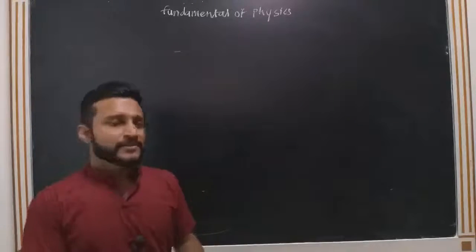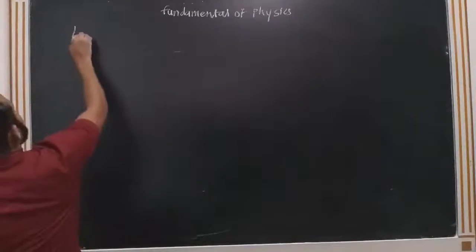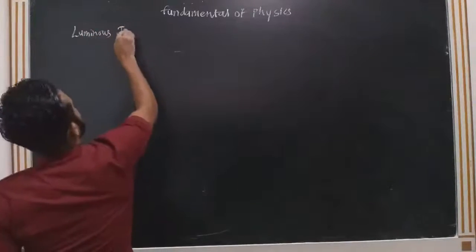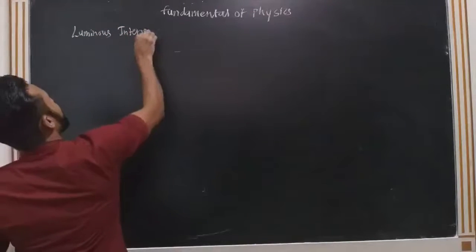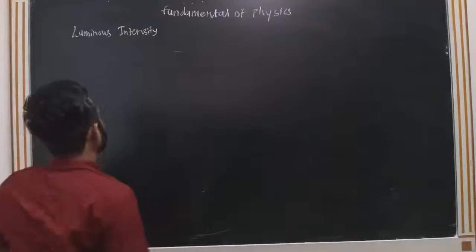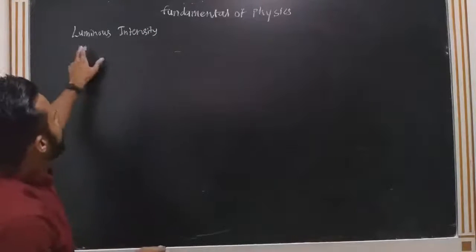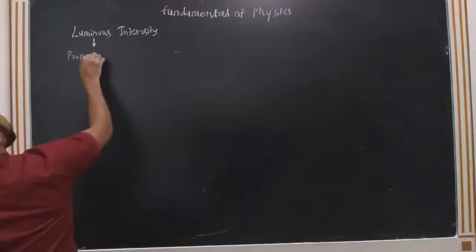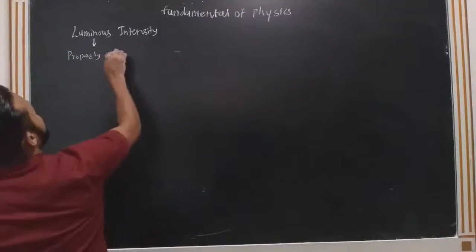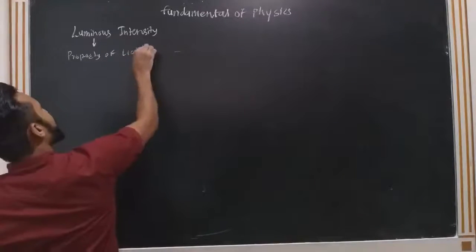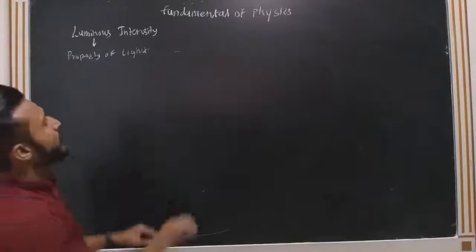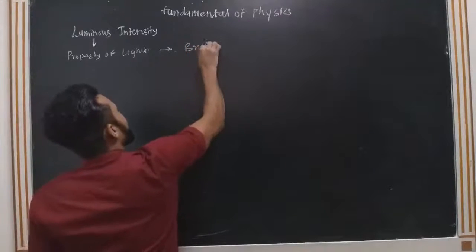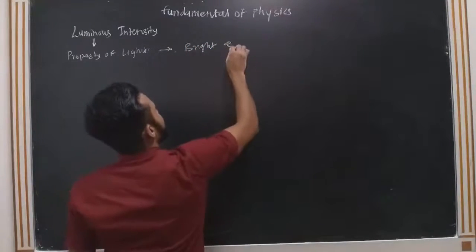Next point is luminous intensity. Luminous is a property of light. It indicates how bright the light is, or how shiny the light is.